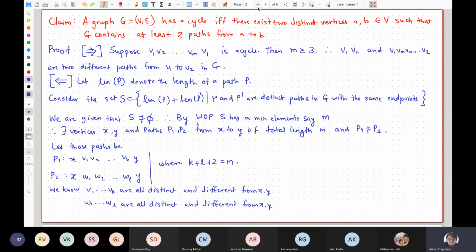So you are saying the second vertex of the first path must be different from the second vertex of the second path, and that's the way you are defining the set S. Okay, and then what do you do with this set S? You again pick the minimum element of S, right?